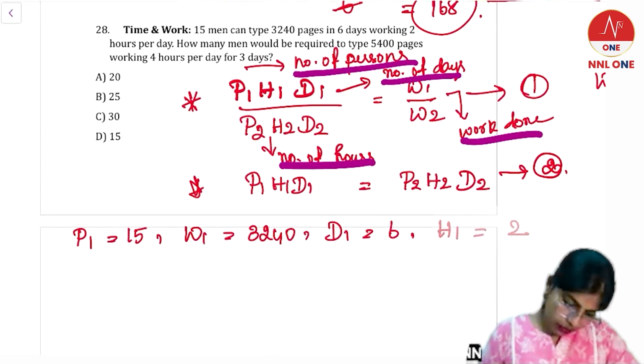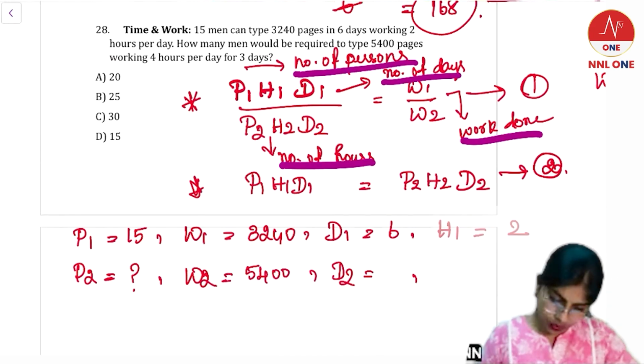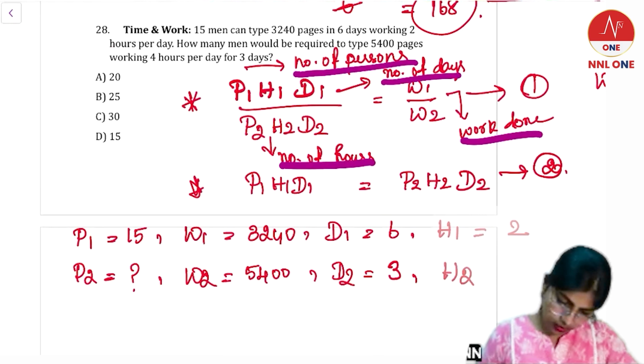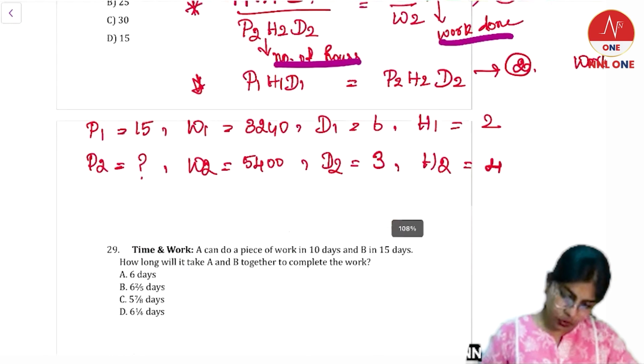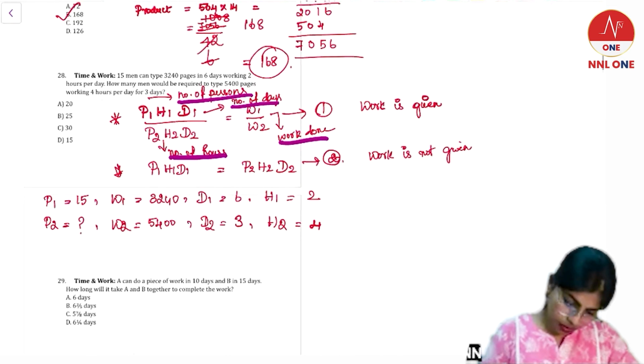How many men? So we are asked to find P2. P2 is equal to question mark. How many men would be required for typing? W2 is equal to 5400, D2 is equal to 3 and hours is 4.